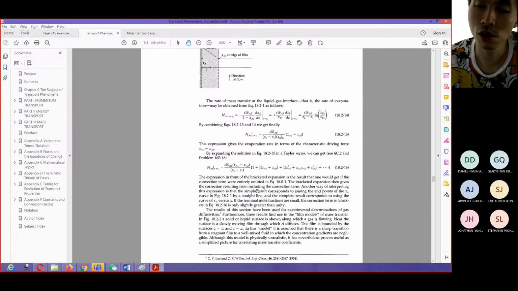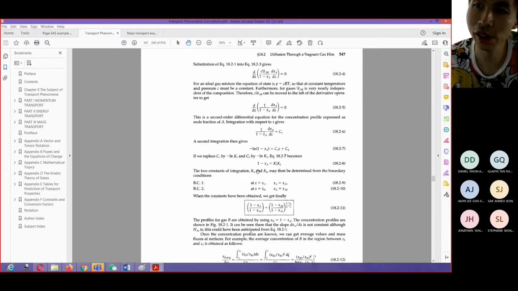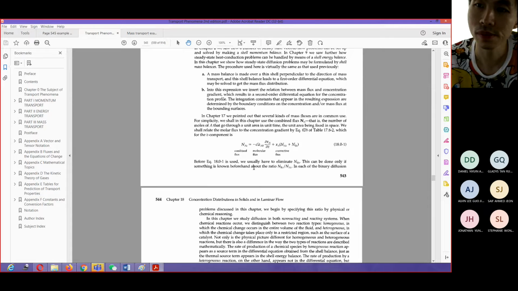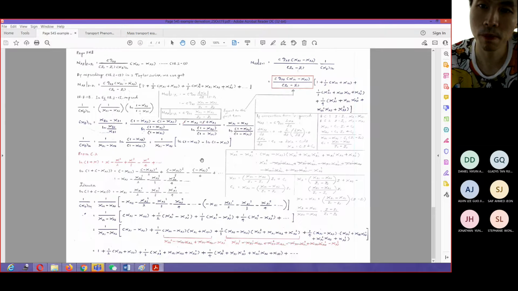So in essence, if you go back to your transfer phenomena problem, this particular term is equal to your equation 18.01, because as you can see in that particular term, we have the CdAb (XA1 minus XA2) divided by (Z2 minus Z1).